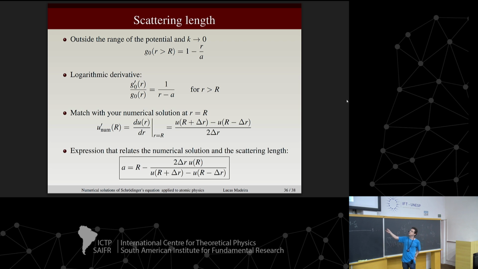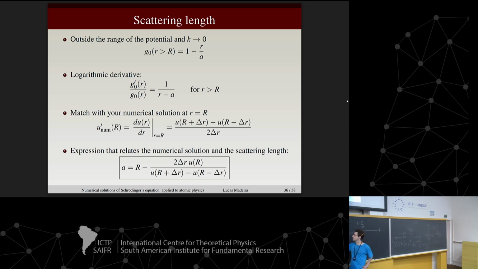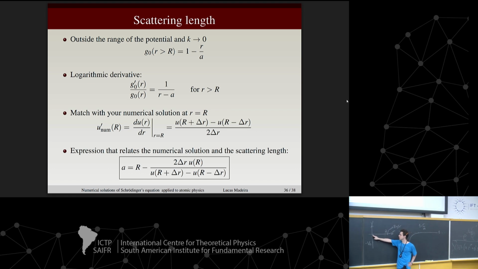So outside of the range of the potential, if I do this ratio here, I get 1 over r minus a, okay? But you can also compute this radial wave function inside of the range of your potential, in this region here, okay? So you start at 0, and you compute your reduced wave function up to this point here, okay?